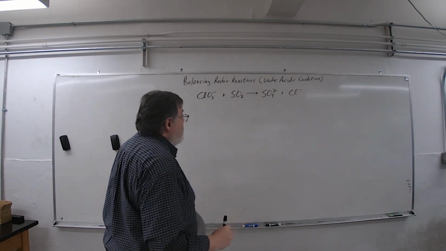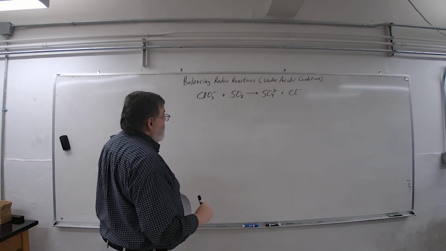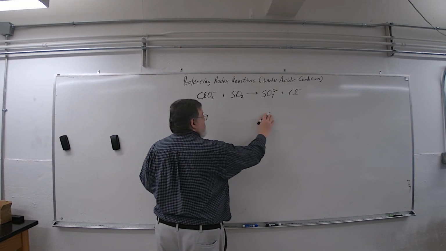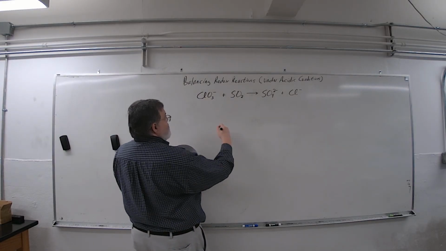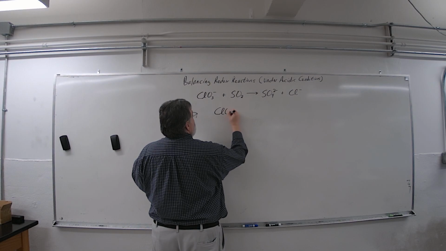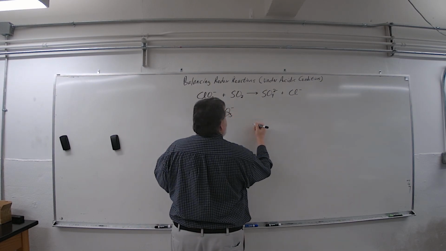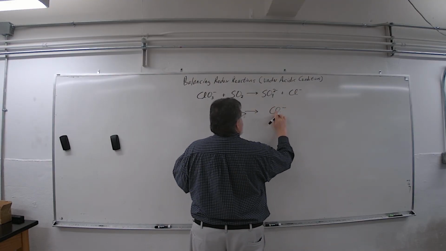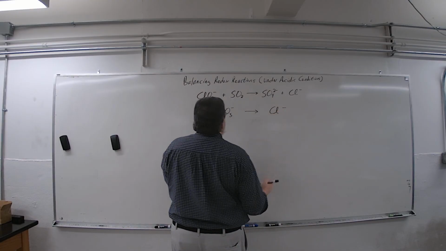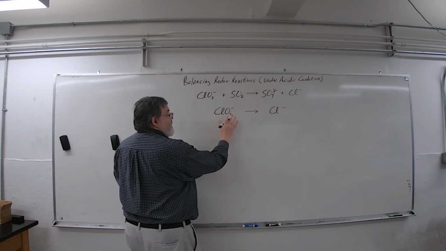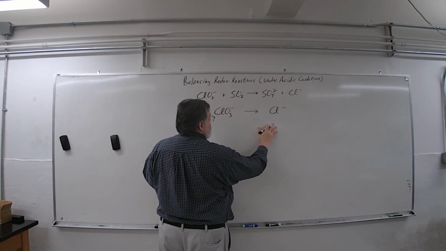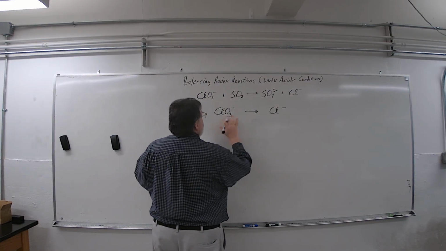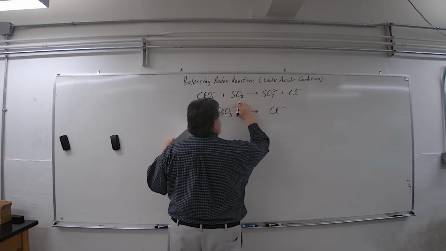Start with that. The next thing you want to break it down into is the oxidation half reaction and the reduction half reaction. It doesn't matter which one you do first. I'm going to go ClO negative. Any oxygens and hydrogens that you might bring down from up here, you're going to balance them using water and H+. So as long as you have the other atom here, that's what you're doing. So you've got that, and now I'm going to do SO2.